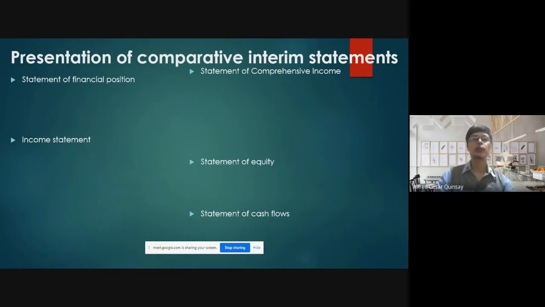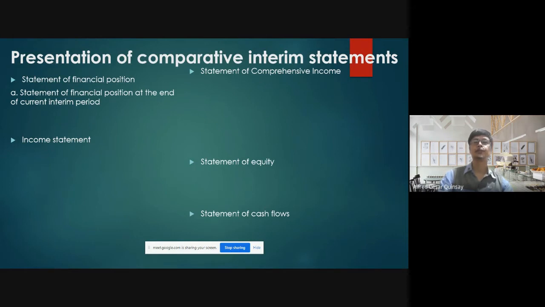Now let's talk about presentation of comparative interim statements. So for the statement of financial position, actually we have five financial statements, starting with statement of financial position. So letter A, the statement of financial position at the end of the current interim period.